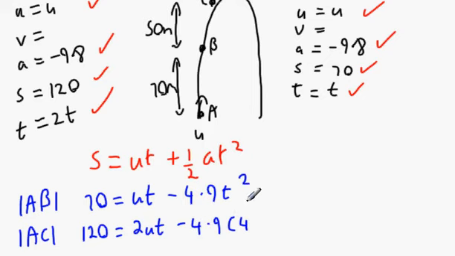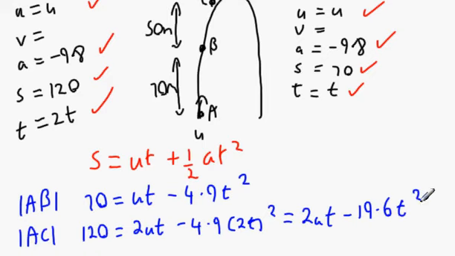Actually, I'll just put in the 2t squared, it's easier this way. Which in turn is 2ut, and 4 times 4.9 is 19.6, minus 19.6t squared. Has anybody got any suggestions on how to finish this off?